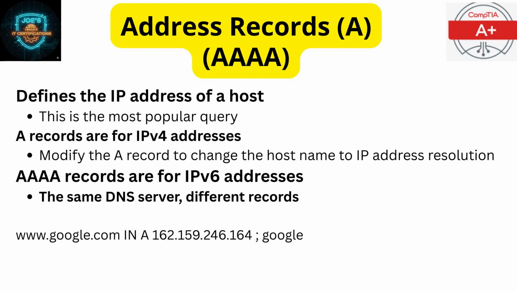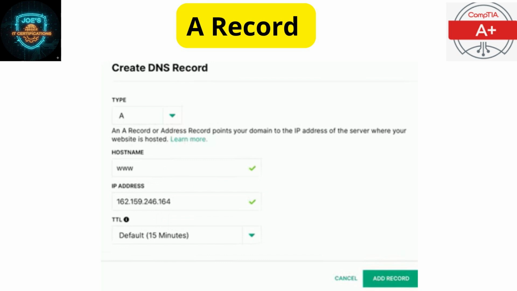That is the IP address that I would like returned to an end user if they requested www.google.com. So if someone sends a request to a DNS server and asks what's the IP address of www.google.com, this record is accessed and it provides the answer of 162.159.246.164.